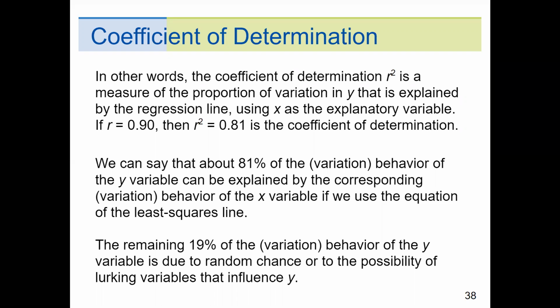We can say that about 81% of the variation behavior of the y variable can be explained by corresponding variation behavior of the x variable if we use the equation of the least squares line. The remaining 19% of the variation behavior of the y variable is due to random chance or the possibility of lurking variables that influence y.